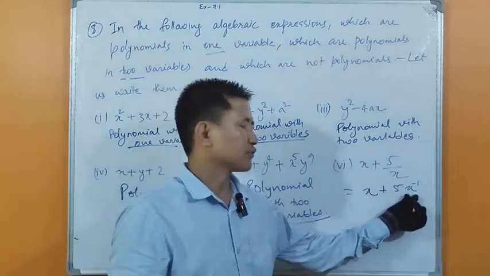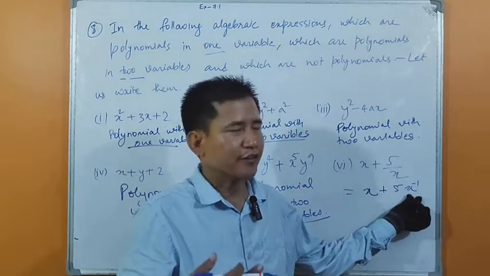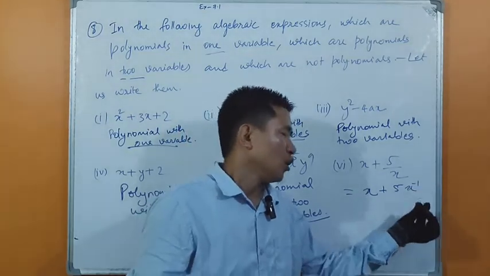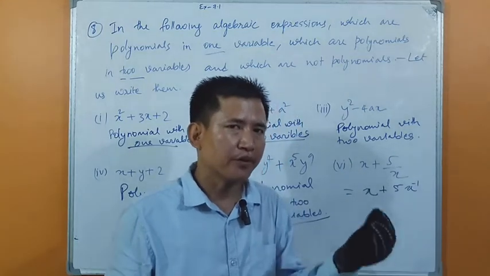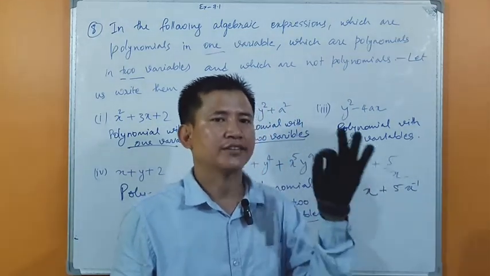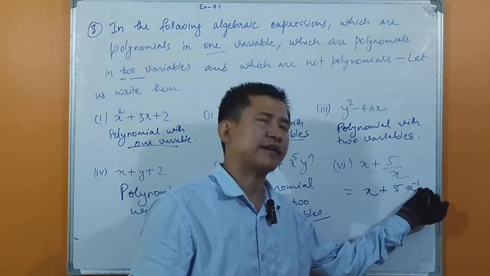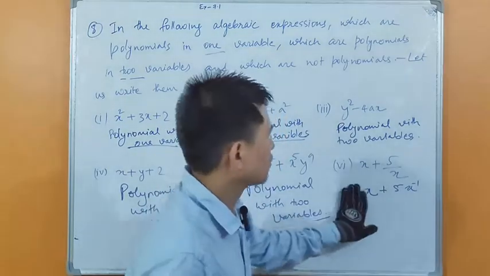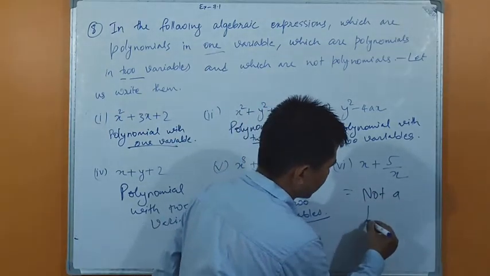So according to the definition of polynomials, a variable should have power as a positive whole number, but this variable x has a negative power, so this is not a polynomial. This is not a polynomial, okay?